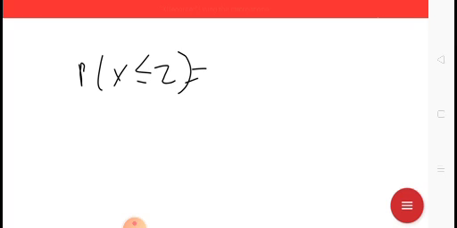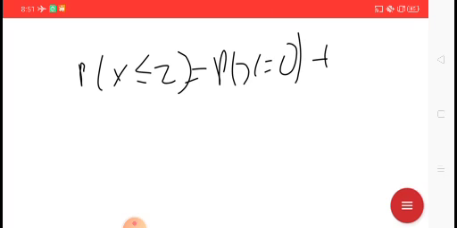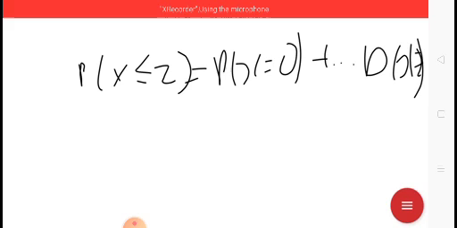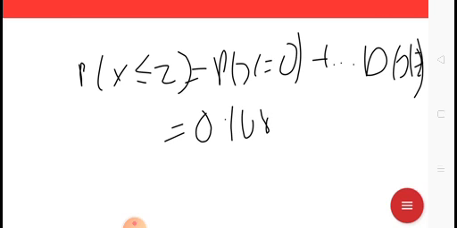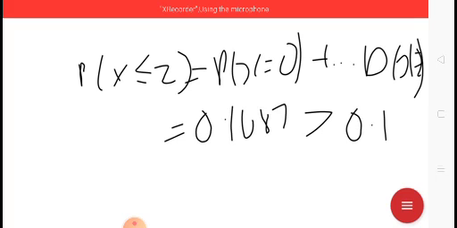So this one is X equals 0 plus until X equals 2. So you will get 0.1087 at this part. And if you take the 10% significance level, actually this one is larger than 0.1 already. Larger than 0.1 means this is not in the critical region anymore.